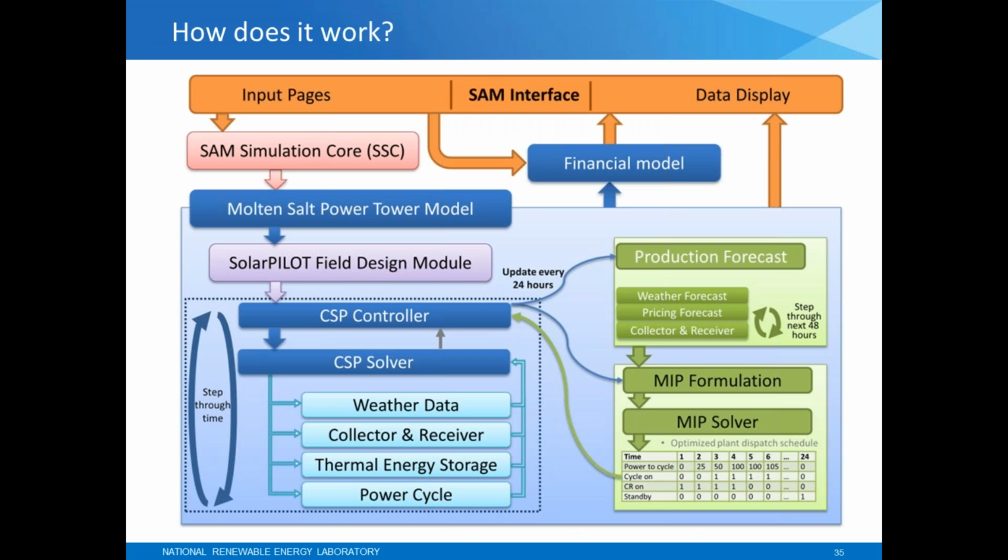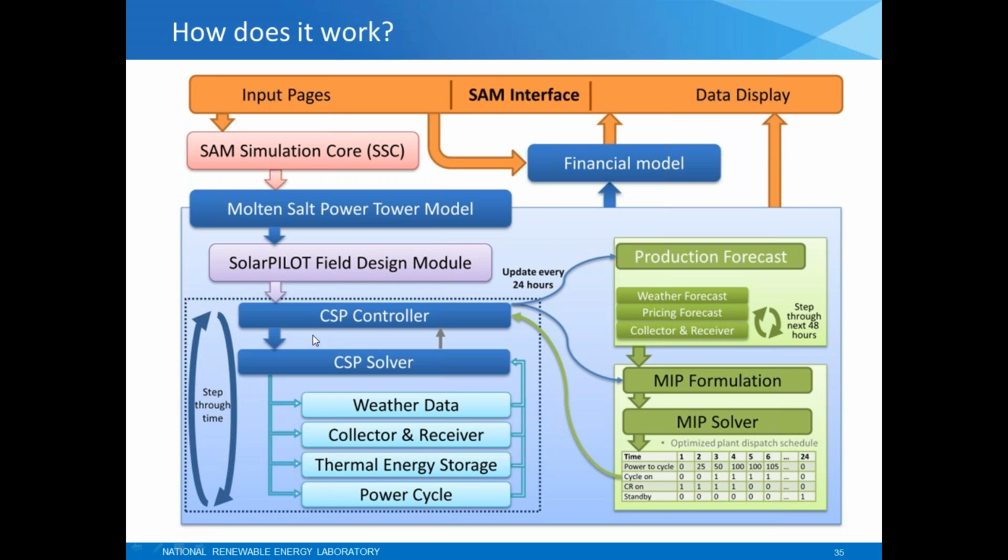All right, how does it work? Well, you start with SAM, the input pages. SAM we'll call the simulation core, which has got the molten salt power tower model. And as it runs through the year, stepping through time, the CSP controller will say, okay, CSP solver, here are your operating targets.